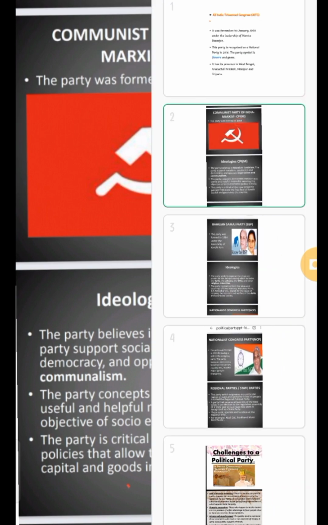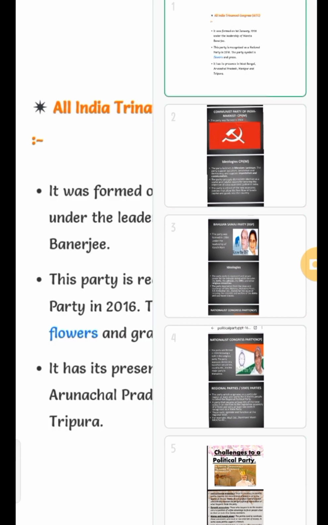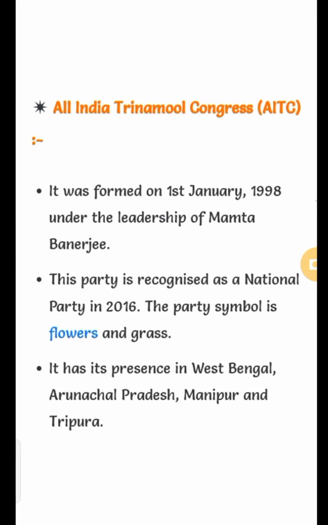Then coming to next party, that is Trinamool Congress, AITC, All India Trinamool Congress. This was formed on 1st January 1998, and it came to be called a National Party only in the year 2016. It means since its formation till 2016, this party did not have the criteria of being a national party, and it was formed under the leadership of Mamata Banerjee.